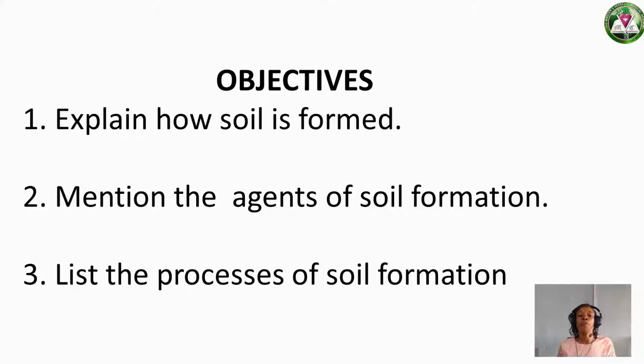You'll be able to mention the agents of soil formation. And you'll be able to list the processes of soil formation. These are the objectives expected to be achieved at the end of this lesson.